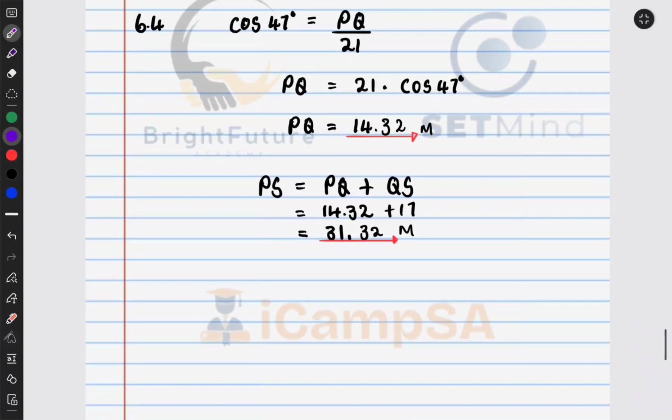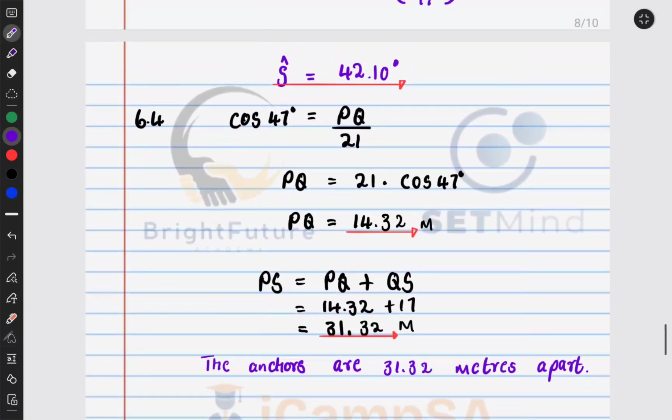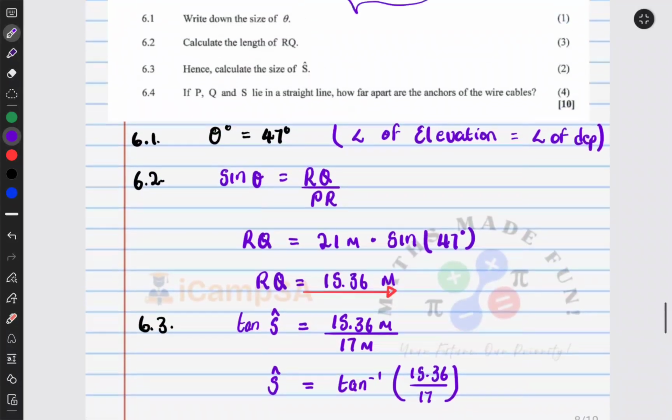So let's put that in a statement: the anchors are 31.32 meters apart. Okay, and that is how you go about solving that question 6.4.